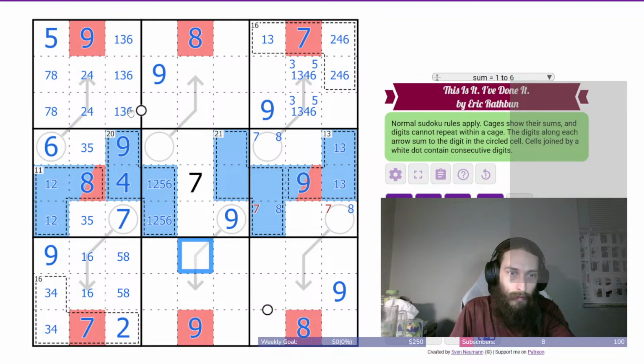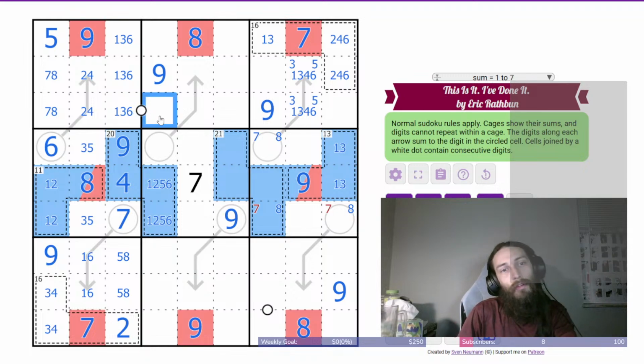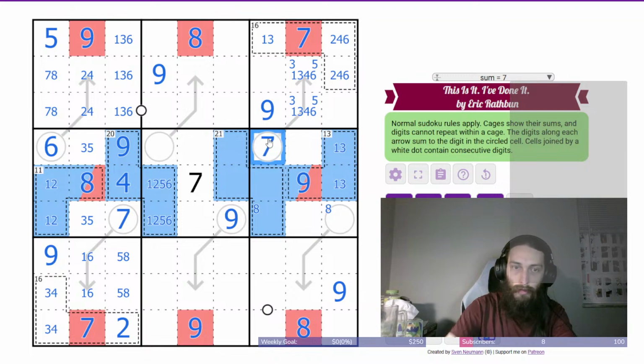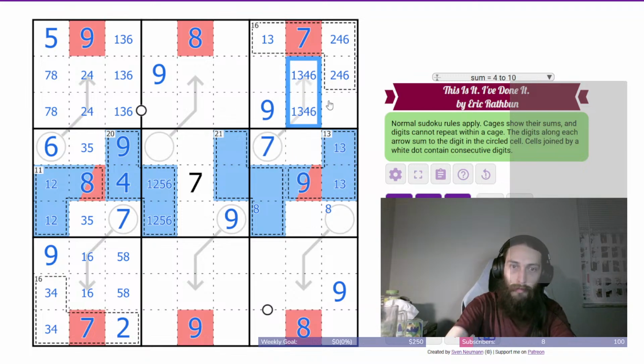Alright, well, going here. And that 9 arrow. This one? Oh, 7's pulled out of there, so that places a 7 here, which means it's not 3, 5.